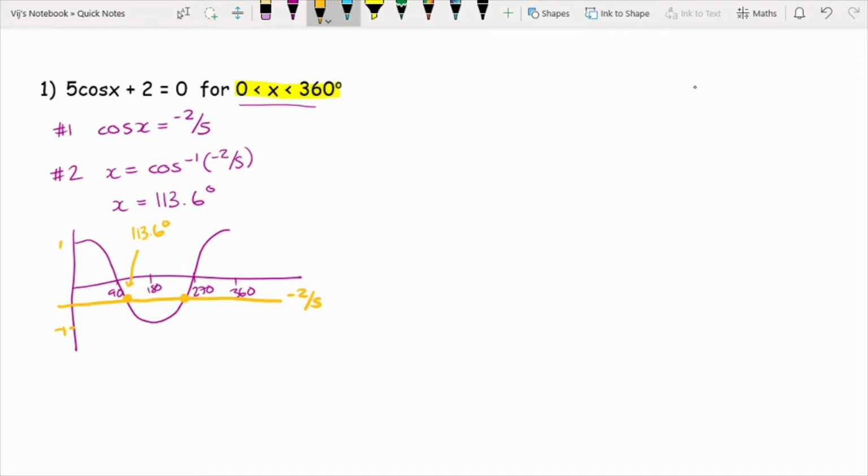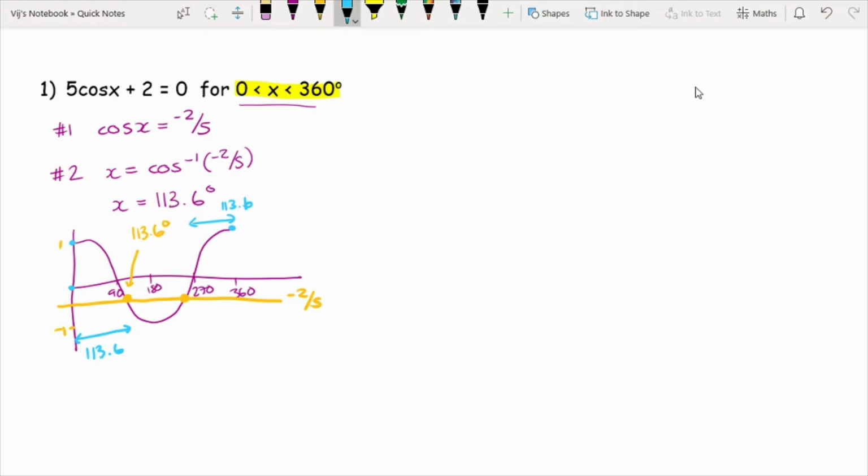So what that tells me is that this distance from the origin is 113.6. Now at the origin it starts at 1, so to find the second angle, this distance here is also going to be 113.6.